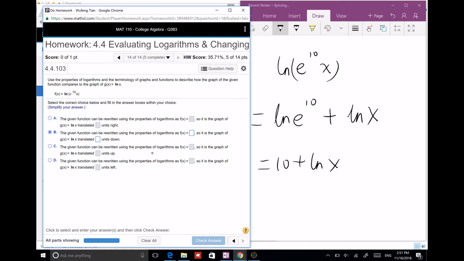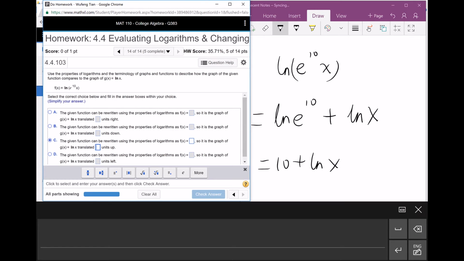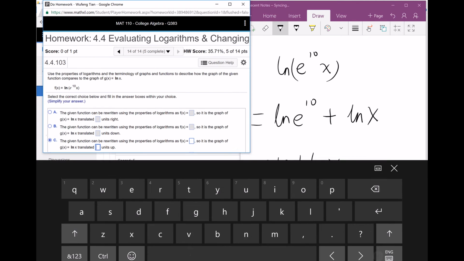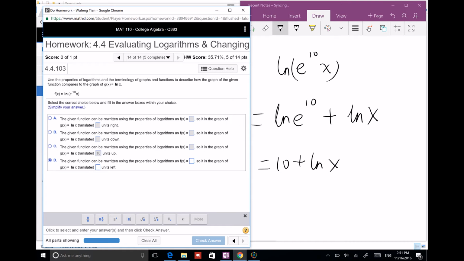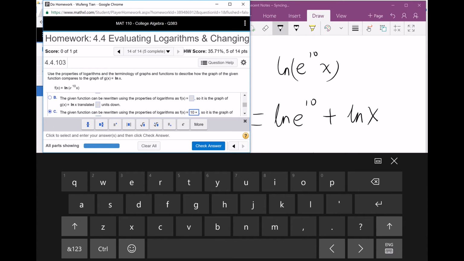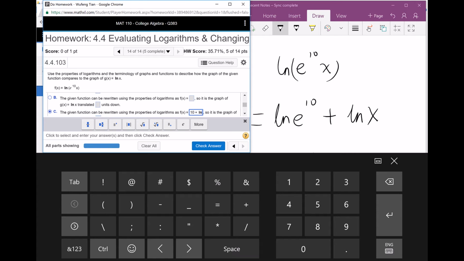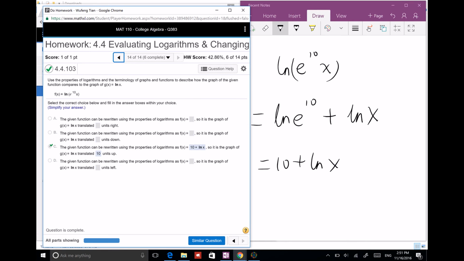Again, I can rewrite f(x) using the properties as 10 plus ln x, which is the graph of ln x translated 10 units up. That's it.